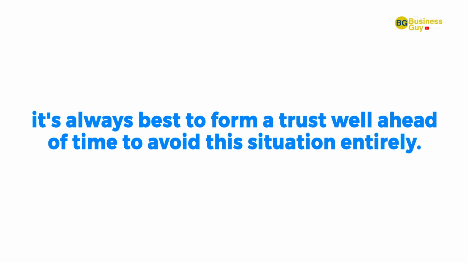And the good news is that fraudulent transfer standards are quite conservative. Most jurisdictions require a high burden of proof before they deem a trust as invalid. Still, it's always best to form a trust well in advance of this time to avoid the situation entirely. Now, once the statute of limitations ends and the trust assets can be protected from creditors, there's still some risks to keep in mind.